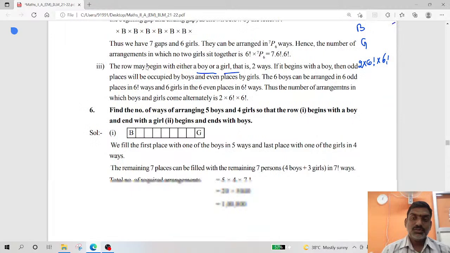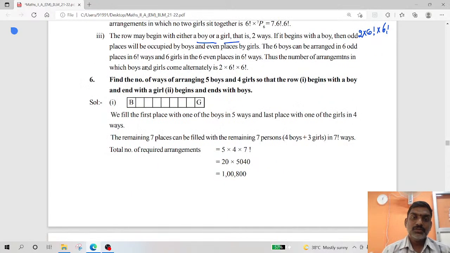Number 6. Find the number of ways of arranging 5 boys and 4 girls so that the row begins with a boy and ends with a girl. So here we have 5 boys and 4 girls. Out of 5 boys, 1 boy is arranged in the first place and 1 girl is arranged in the last place.